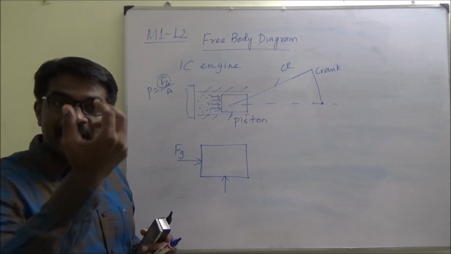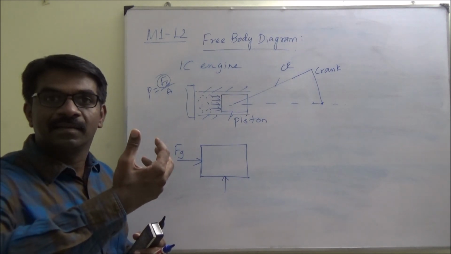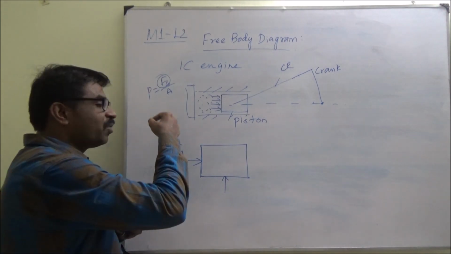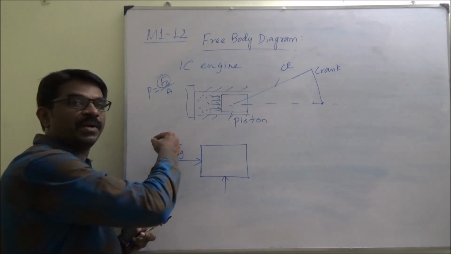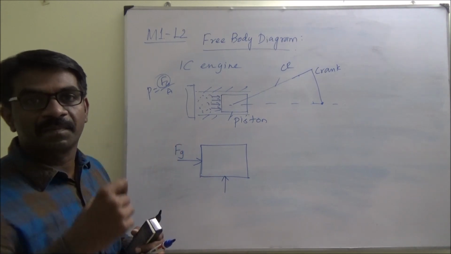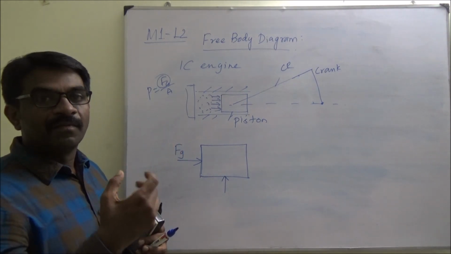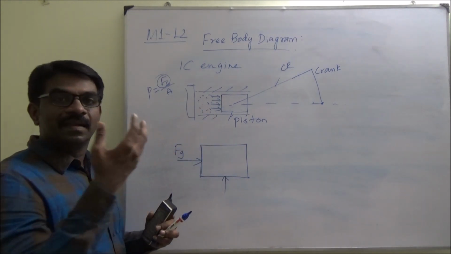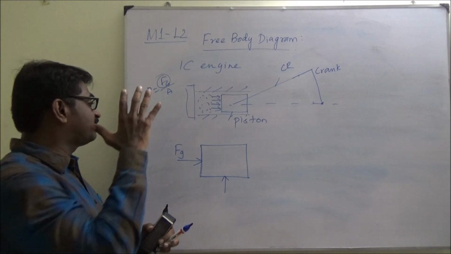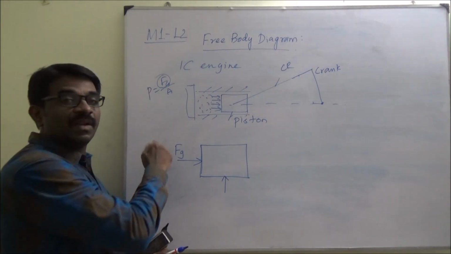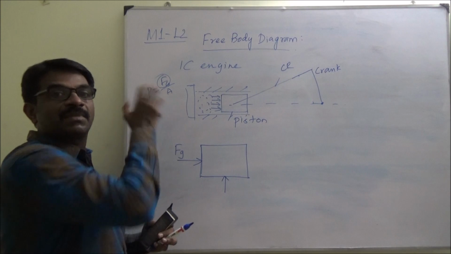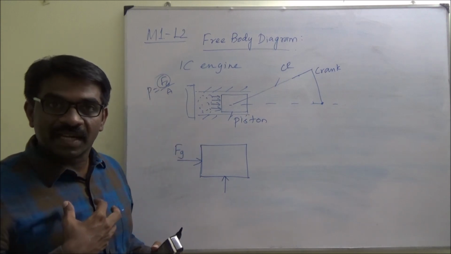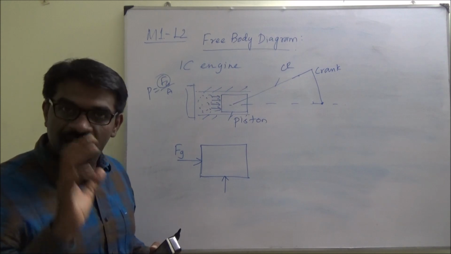So if my hand is the free body, then the force exerted by the board on the body has to be represented. When my interest is on the board, then the force exerted by my hand will be considered when I am analyzing the board. When I am considering only my hand, you have to look at only my hand.